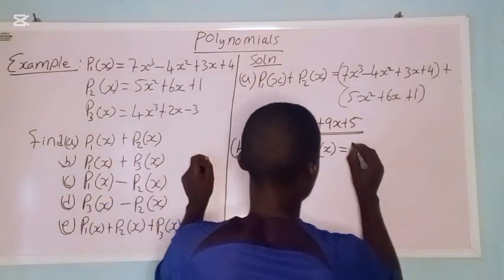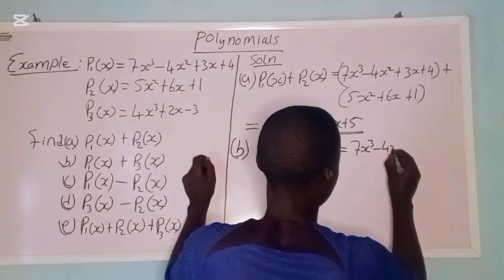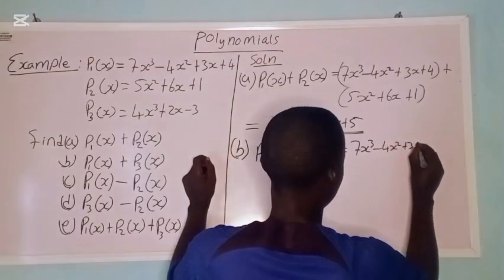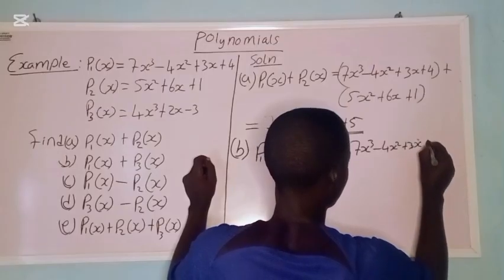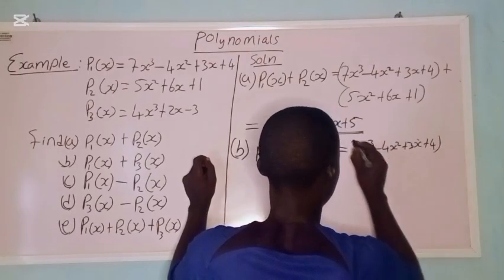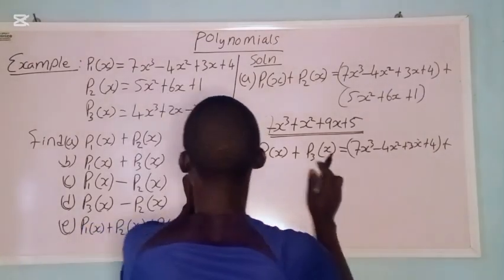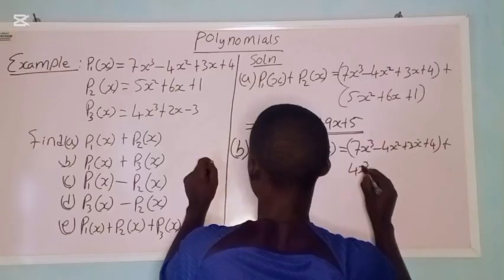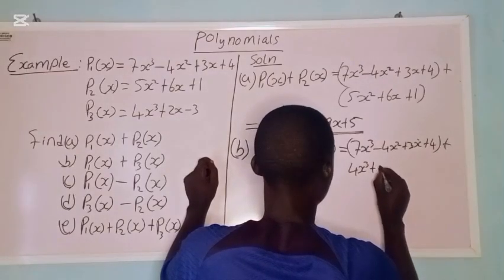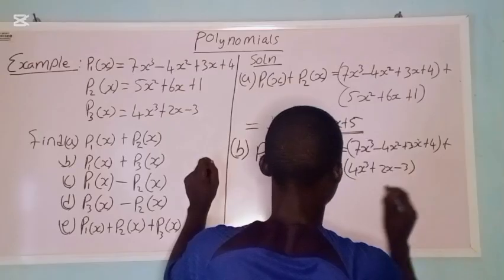So let's put it down: 7x cubed minus 4x squared plus 3x plus 4, all in bracket, then plus. So now let's put the P3, which is 4x cubed plus 2x minus 3, all in bracket.